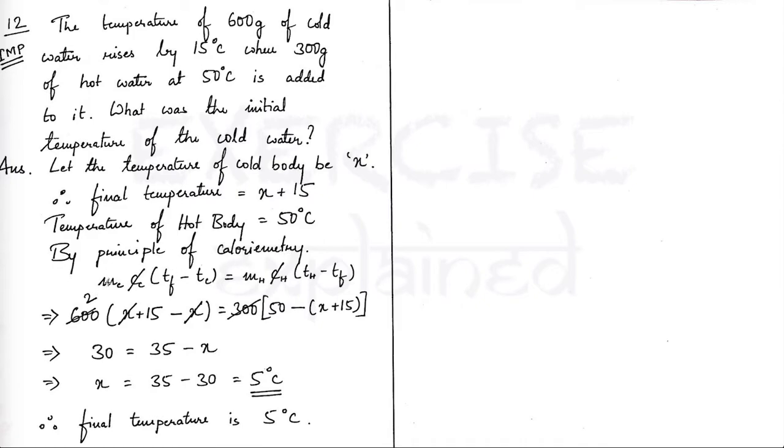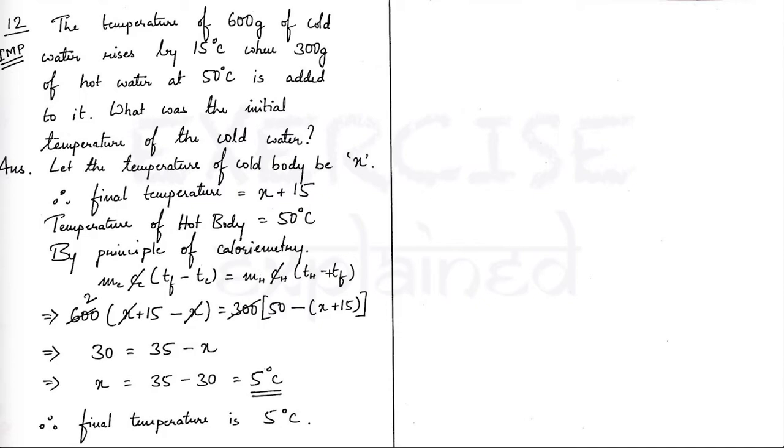M suffix C, that is the mass of the cold body, into C of C, that is the specific heat capacity of the cold body, into delta T for the cold body, that is TF minus TC, is equal to MH CH into TH minus TF, that is delta T for the hot body.